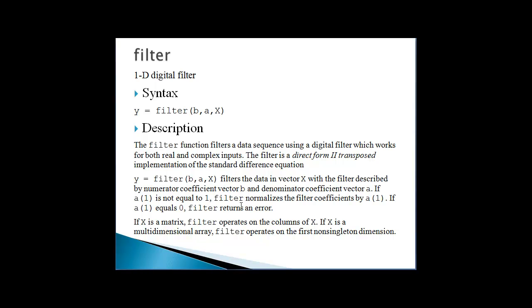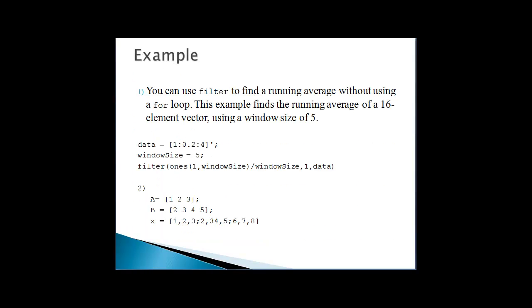Now if a(1) is not equal to 1, the filter normalizes the filter coefficients by a(1), and if a(1) is equal to 0, the filter returns an error. If x is a matrix, filter operates on the columns of x. Now if x is a multidimensional array, then it operates on the first non-singleton dimension.